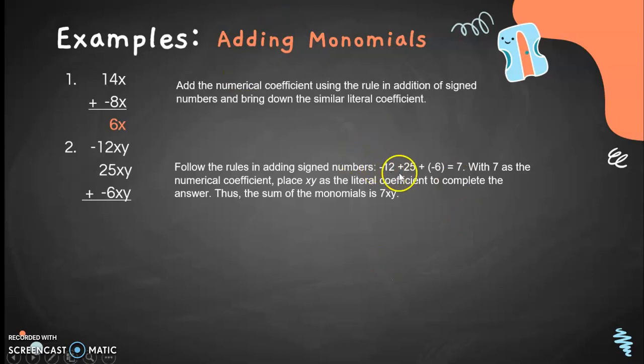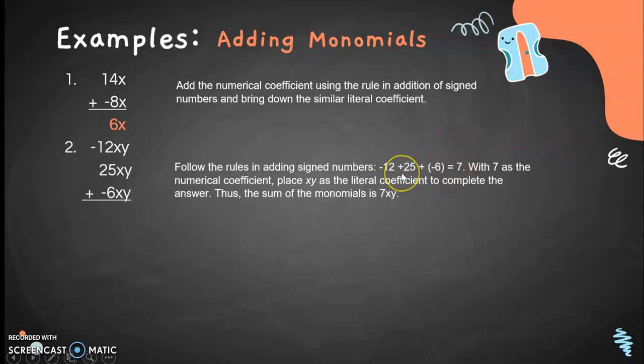So negative 12 plus positive 25. They are unlike signs, so we have to subtract 25 and 12. The answer, 25 minus 12, is 13. The sign of the number with the greater absolute value is positive. So therefore, we have positive 13 and then plus negative 6. They are unlike signs, so we subtract. 13 minus 6, we get 7.